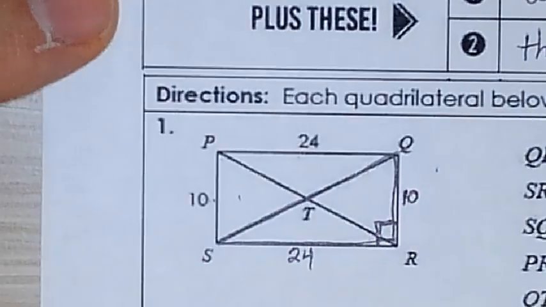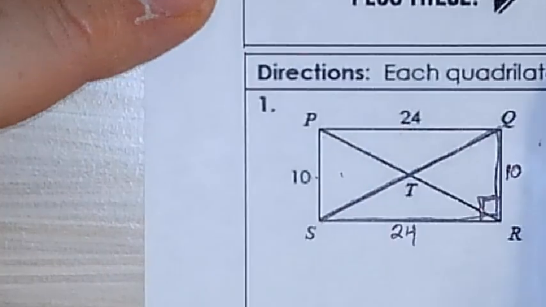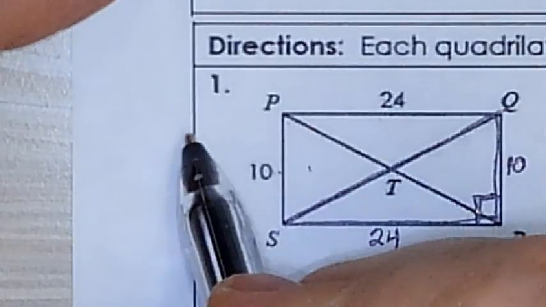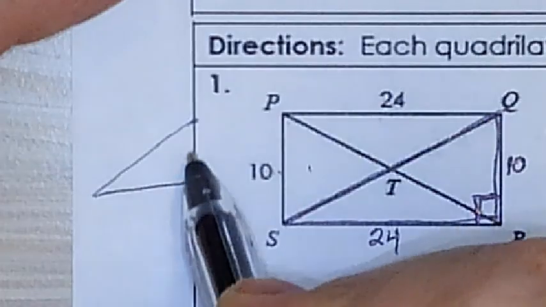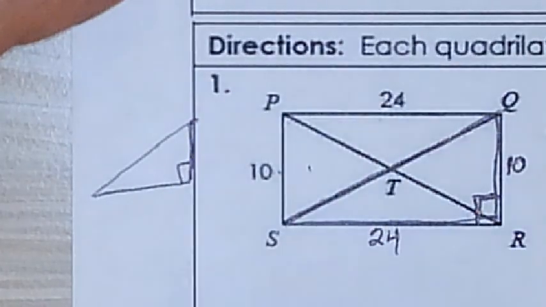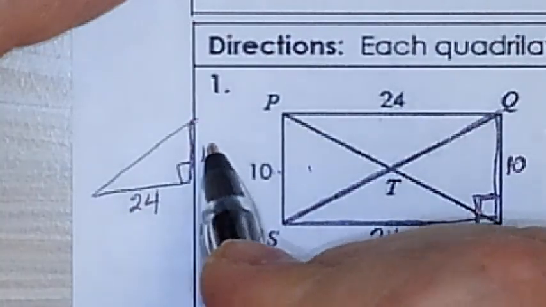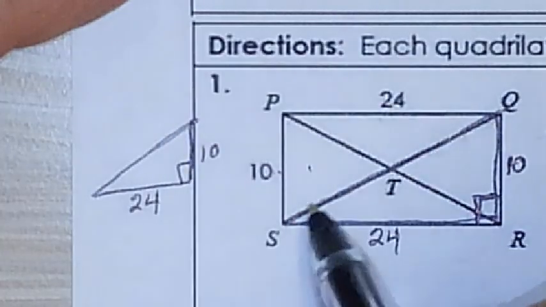Here's what I mean. I'm going to draw this triangle separate from the entire diagram. So if I drew that separately, it might look like this. Where this is 24, and this is 10, and this segment is the hypotenuse from right there.